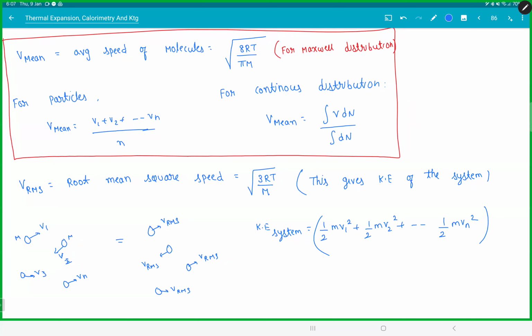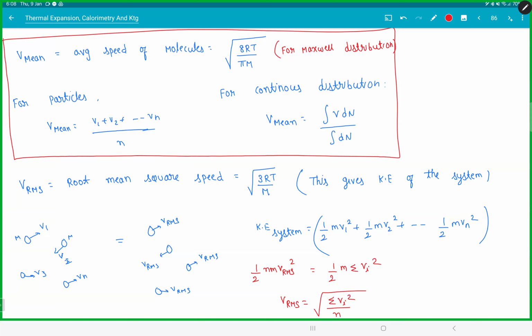This is the total energy of the system. This would be half m sigma vi square. m will cancel. We will get vrms is equal to root over sigma vi square by n.